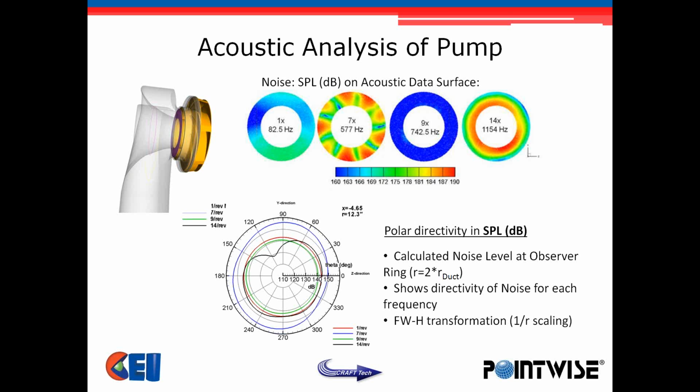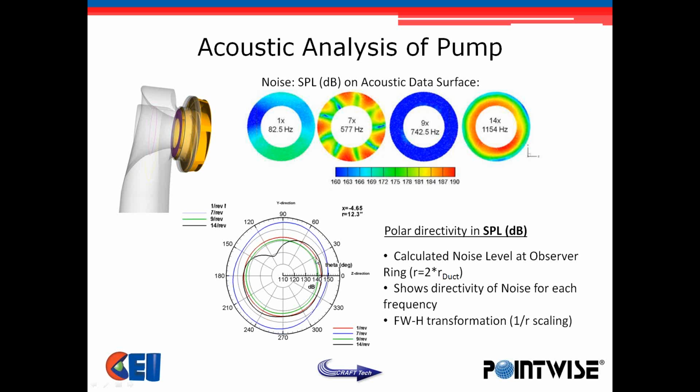However, when you propagate that out to the observer, looking at a full integration of the full solution, we can see this polar plot showing the directionality of that noise. You can see the dominant frequency is the blade frequency from the impeller, and the red, green, and black are from the other frequencies, and you can see they are all equally represented in this plot.